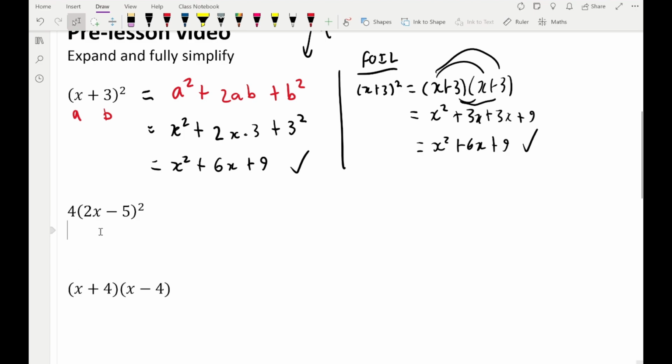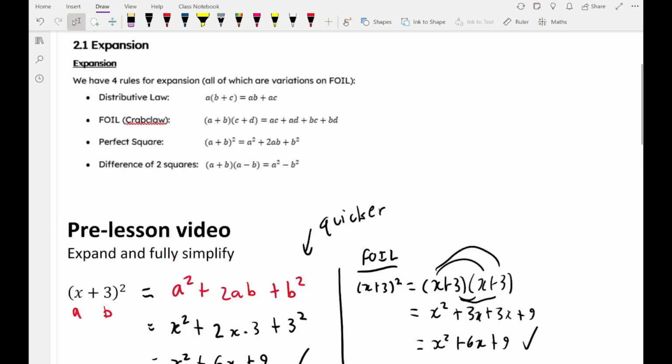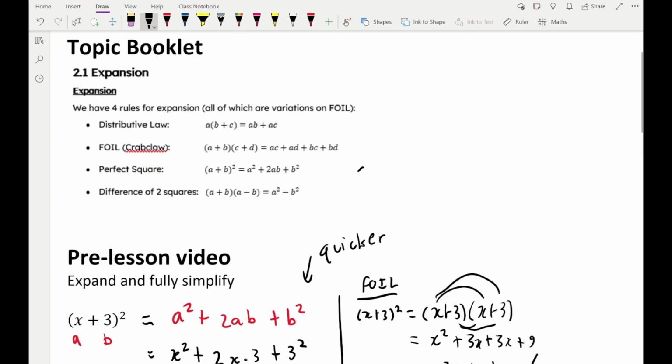All right, next one we've got 4 bracket 2x take 5, squared. So we're going to expand this out. What you need to do with this one is leave the 4 out the front, expand the inside stuff, and then go from there. So we get our first thing squared, so that's (2x) squared. Now with the perfect square formula, if you've got (a take b) squared, you still get the a squared and the b squared on the outside, but your middle term is take 2ab.